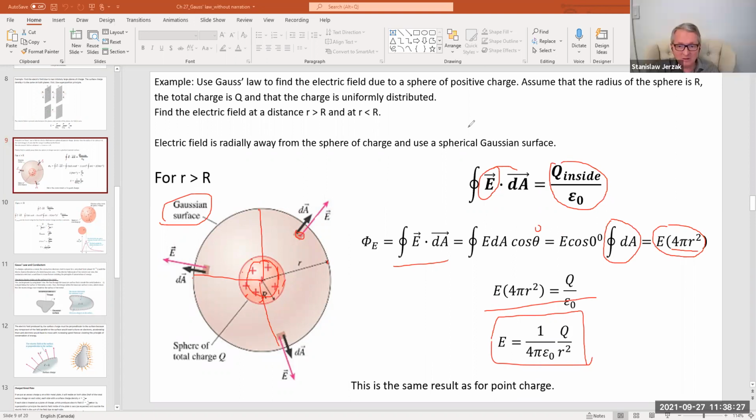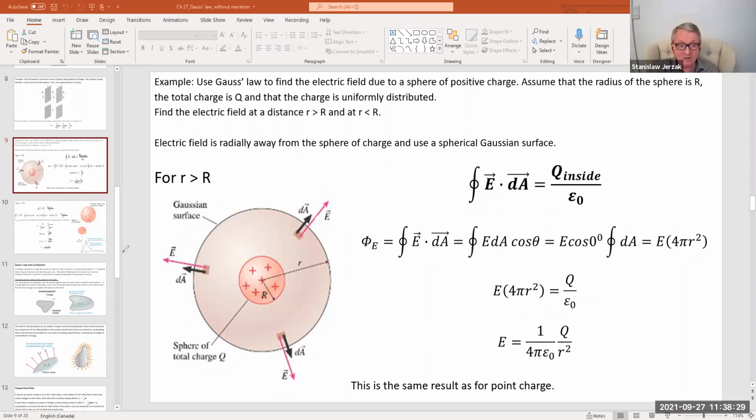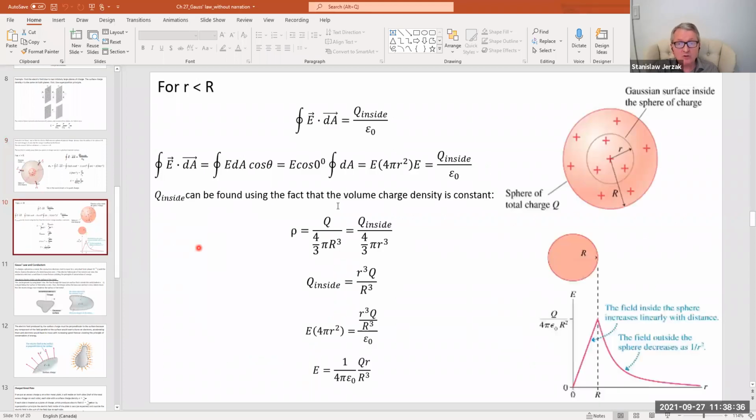So that's good. So let us do now the next part of this question. The second part of the question is slightly more complicated, which I did not do on Friday last week. So now let us try to calculate electric field at certain point inside of that spherical sphere of charge.